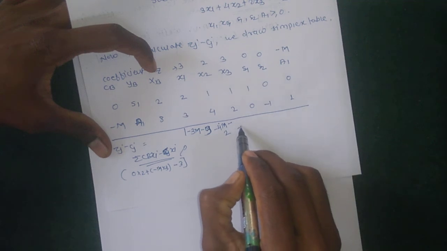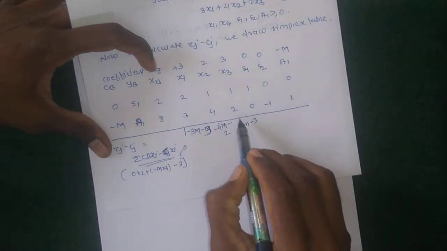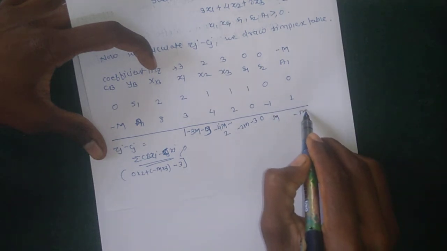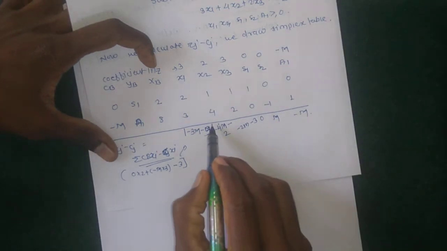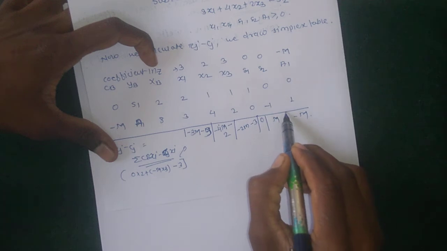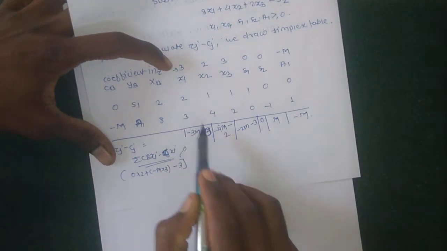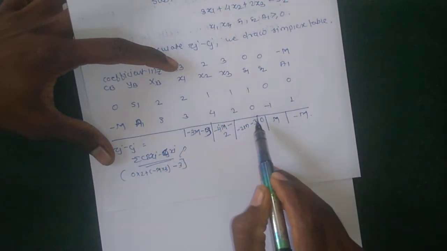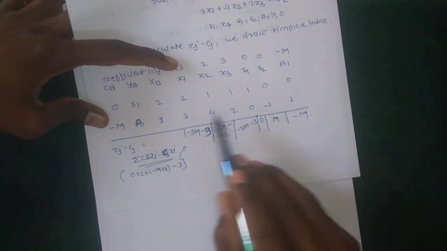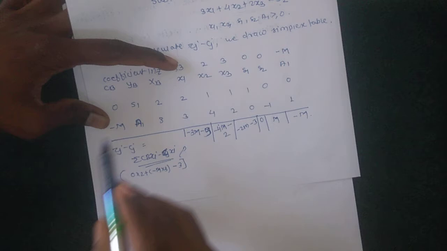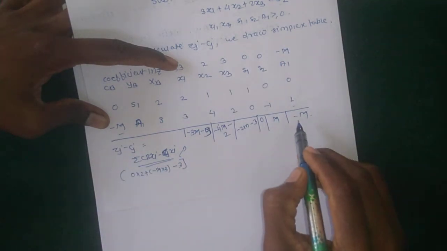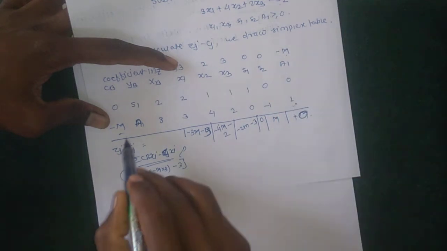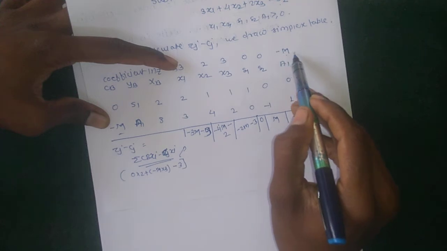The third value is minus 2M minus 3, and then the values 0, 0, then M, and for a1, 1 into minus M is minus M, minus M plus M is 0. So we have to choose the most negative of these.